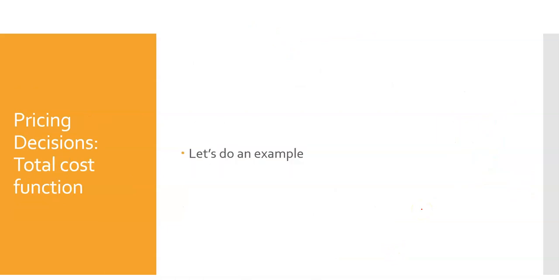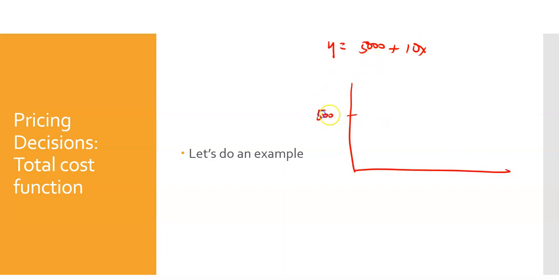Yes, let's do an example. I think the key point is that if you see something that looks like y is equal to 5,000 plus 10x, all this simply means is that we have a fixed cost of 5,000, and we know that for every unit we produce, the variable cost is £10.